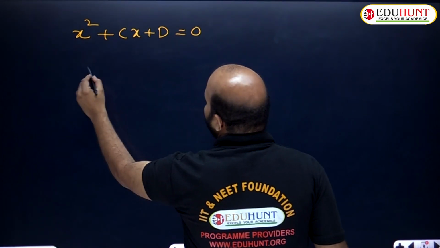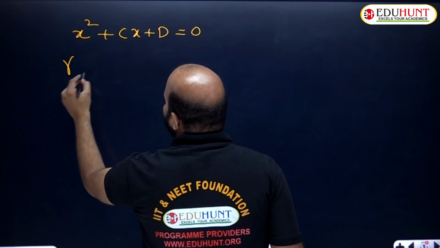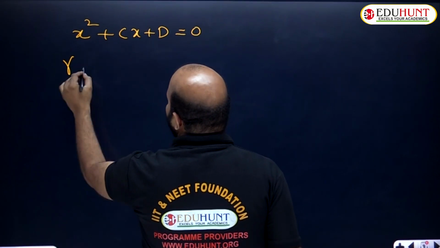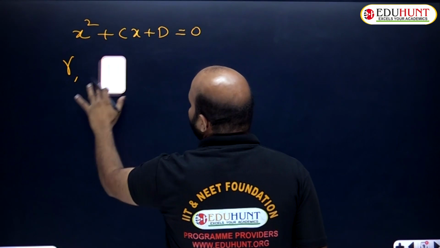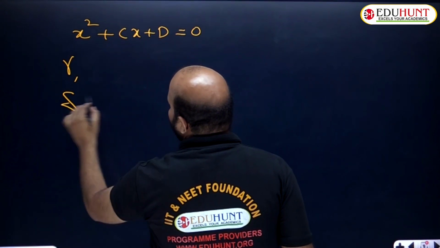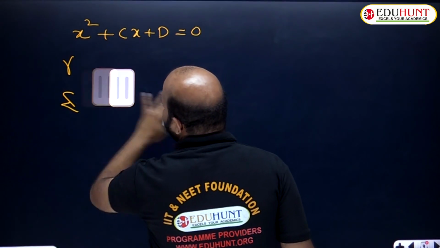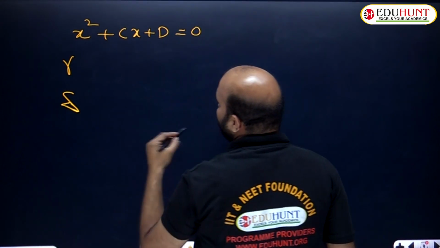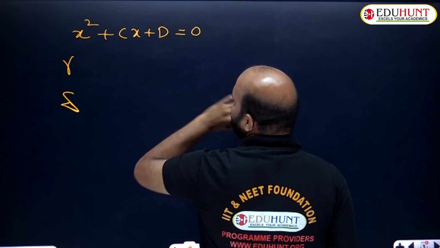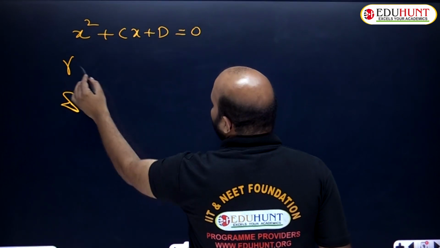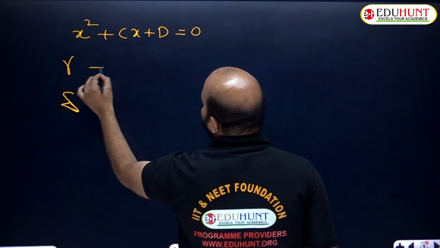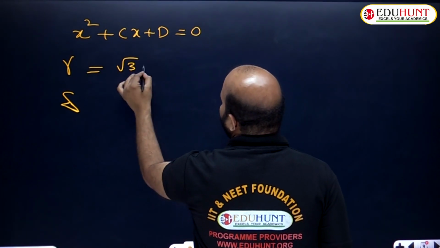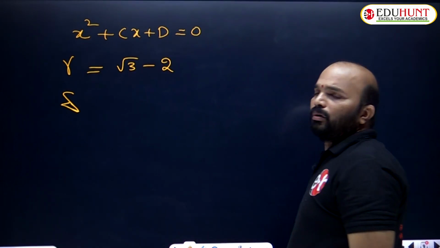So what I am given here, let me take gamma and delta. Gamma and delta are roots of the second quadratic equation, x square plus cx plus d equal to 0. But here gamma value is already given, root 3 minus 2. So one of the roots of the second quadratic equation is root 3 minus 2.